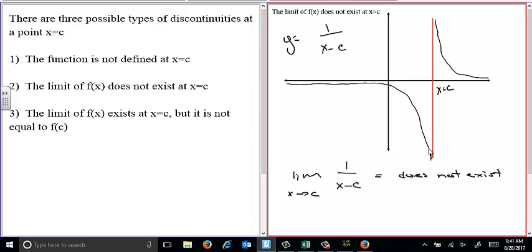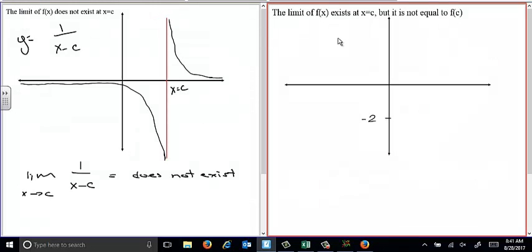So you can see that I have to lift my pen from here and take it over to there. The limit of f of x exists at x equals c, but is not equal to f of c.